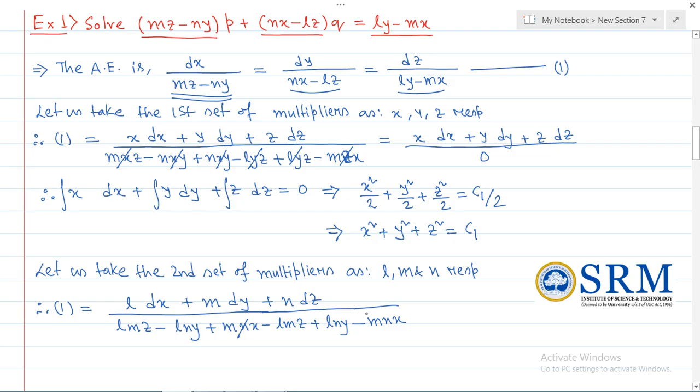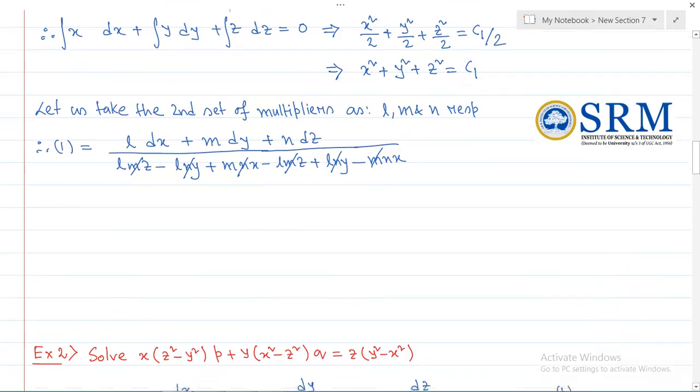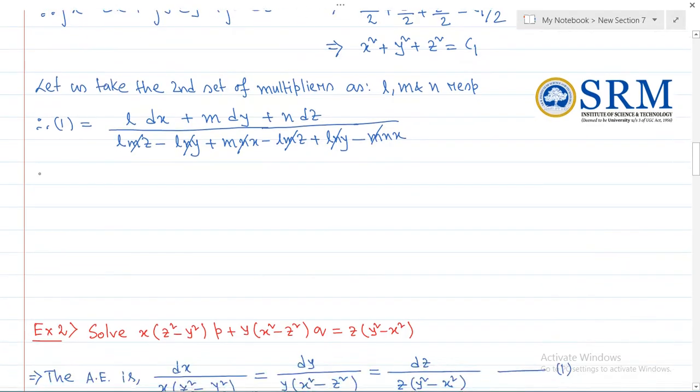So mnx cancelled out, plus lny minus lny, plus lmz minus lmz, so all the terms are getting cancelled out. So in the denominator also we are getting 0. So this equals l dx plus m dy plus n dz, upon 0 only, the denominator becomes 0.